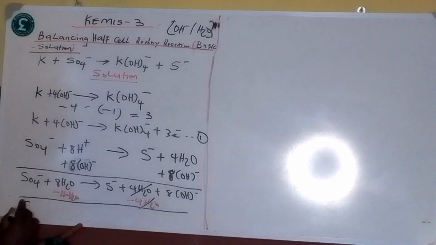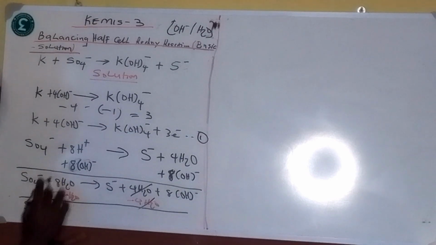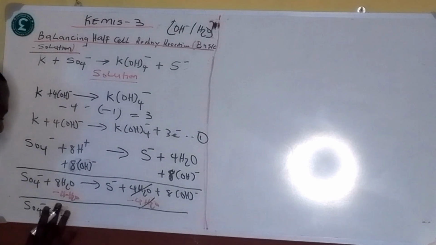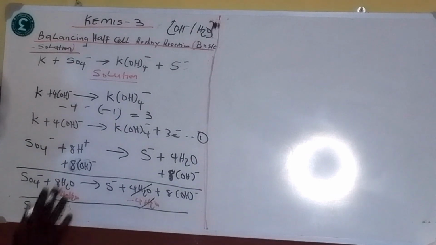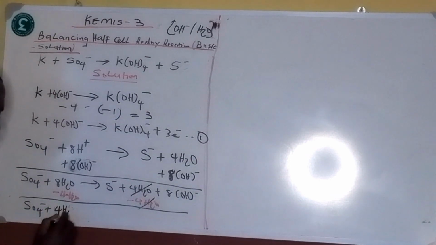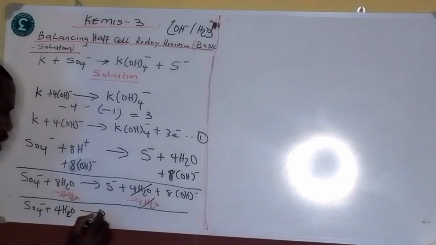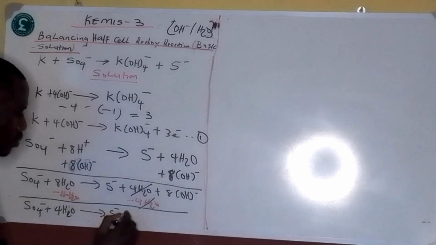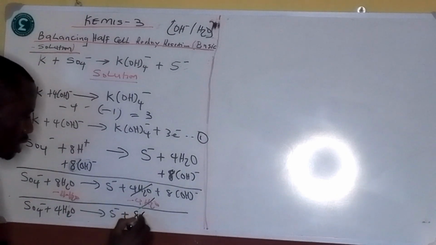Now I'm going to have SO4 minus plus 8H2O minus 4, which is going to give me 4H2O. Sulfur. This has cancelled out. 8 hydrogen.